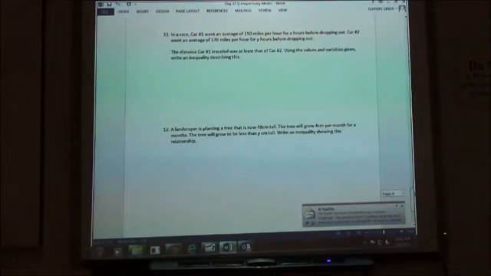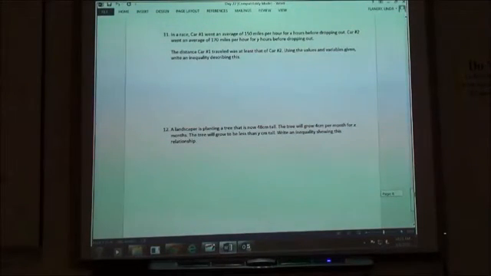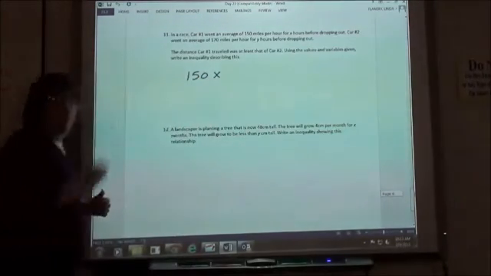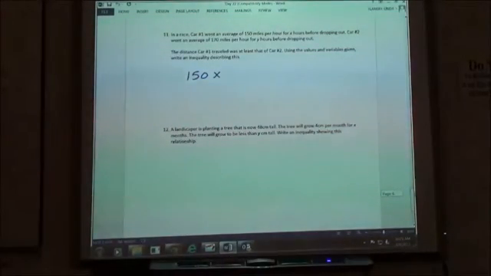Now if I'm going 150 miles an hour for X hours, how do I find the distance? You multiply them. So 150 times X would just be 150X. That's going to be the distance the first car went. Rate times time equals distance.